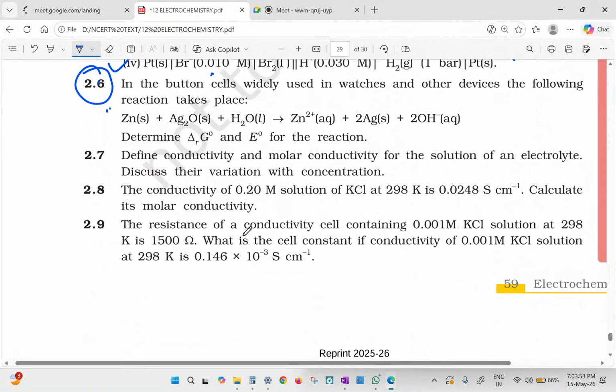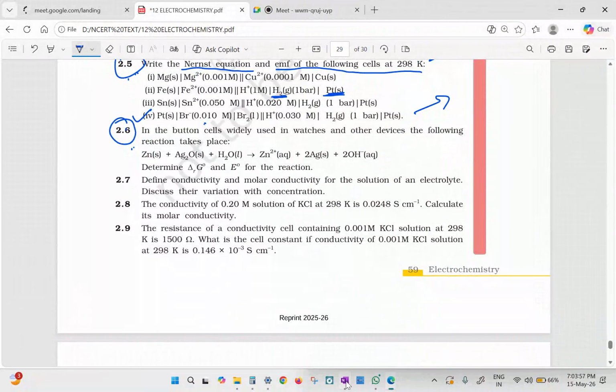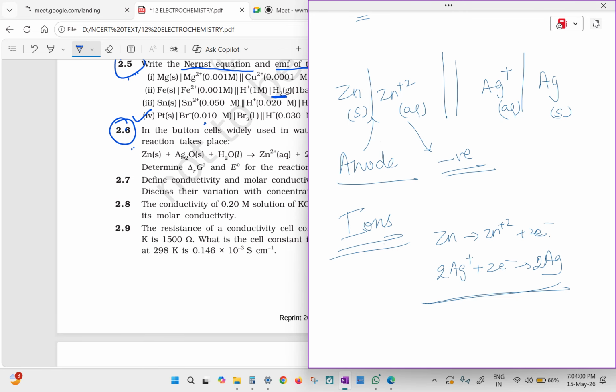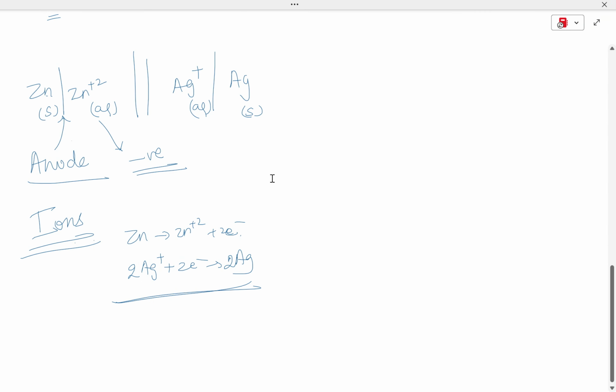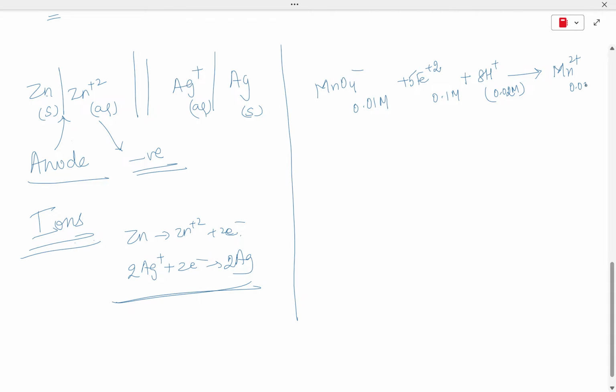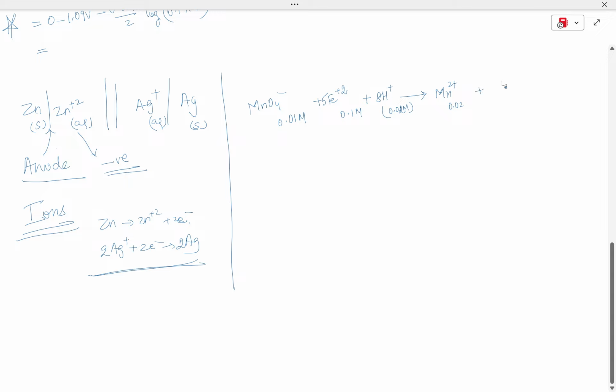Okay. Now, second important thing. What is not given in the book, but was once asked in the board examination, was this one. Please understand this question. So far we have been talking about, for example, a reaction with MnO4 minus at 0.01 M, Fe2 plus at 0.1 M, and 8 H plus at 0.01 M, becoming Mn2 plus at 0.02 M and 5 Fe3 plus at 0.1 M, plus 4 H2O.